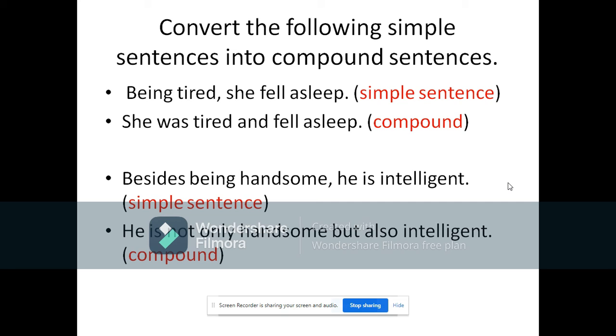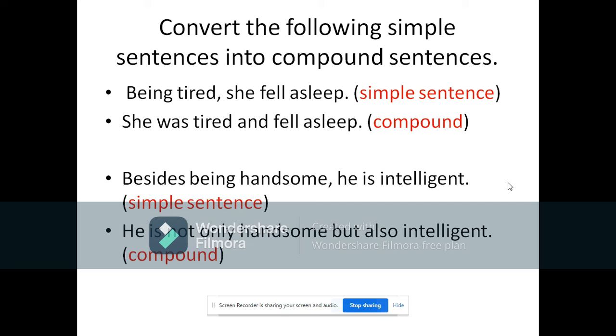You are asked to change it into compound sentence. You can turn it into compound sentence in this way.